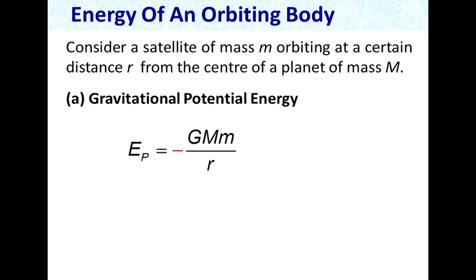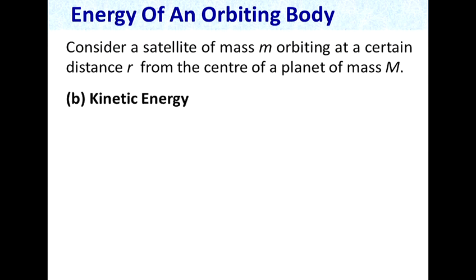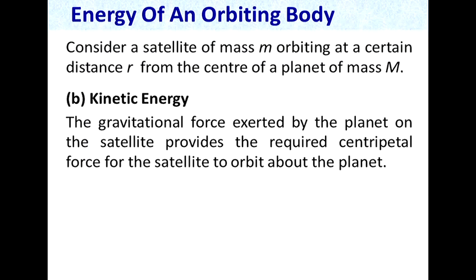How do we find the KE of the satellite? We use the concept that we just learned. We have already seen this earlier in the lecture. The gravitational force exerted by the planet on the satellite provides the centripetal force which the satellite needs to orbit around the planet. Because it's in circular motion, we equate all the forces acting in the radial direction towards the center of the circle to mass times centripetal acceleration.